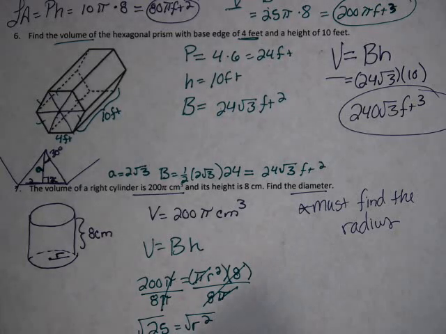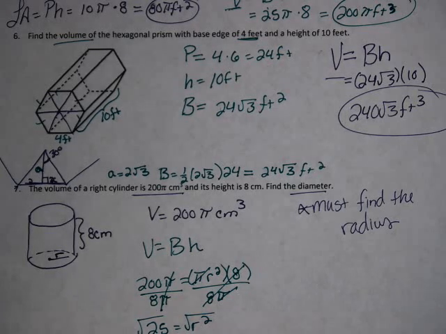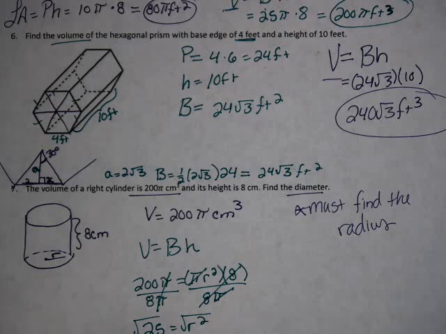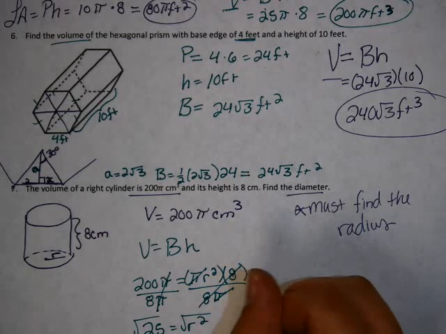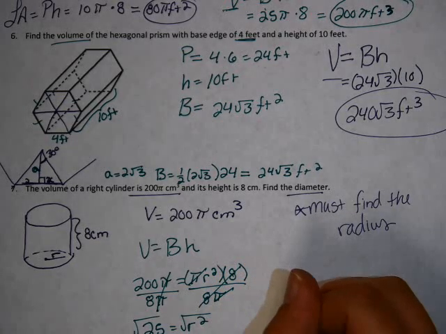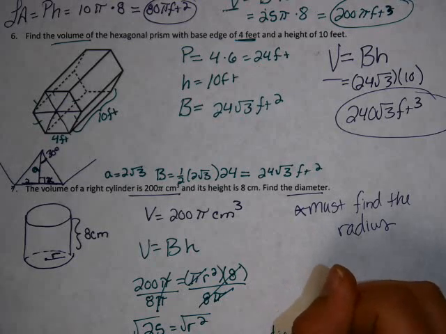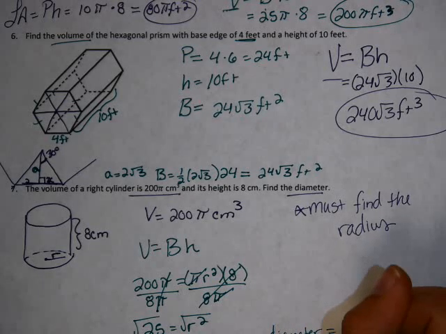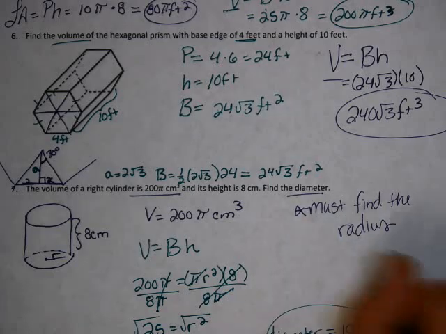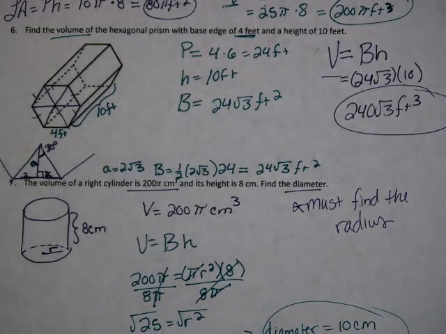And the radius, take the square root, that means the radius is 5. Can't be negative, so it's positive 5, right? Which means the diameter is equal to 10 centimeters. So the diameter is twice the length of the radius.